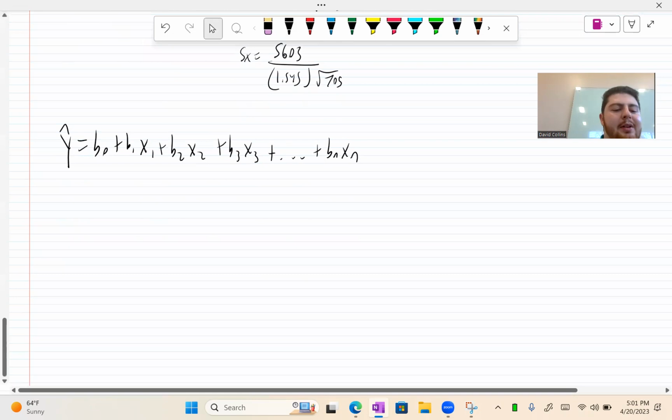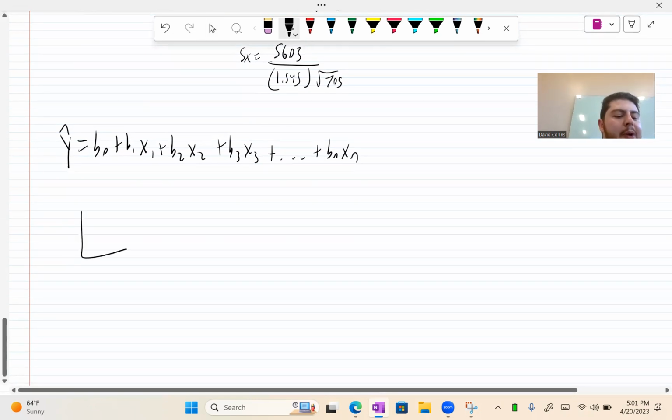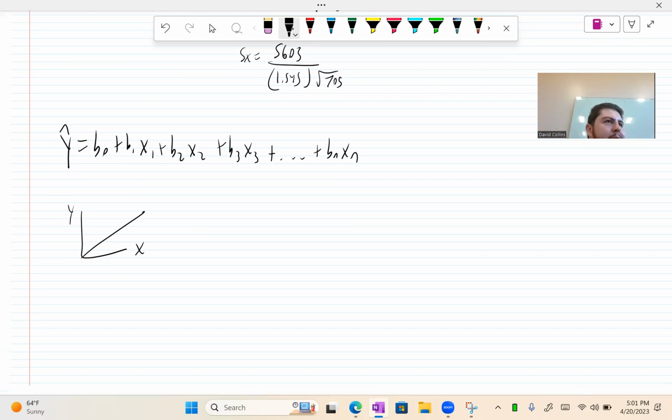Now, when we have one X and one Y, we have a 2-dimensional graph. I want to do this again, if you're in office hours, don't spoil it. If you have 2 predictors and 1 response, how many dimensions are you in? 3.